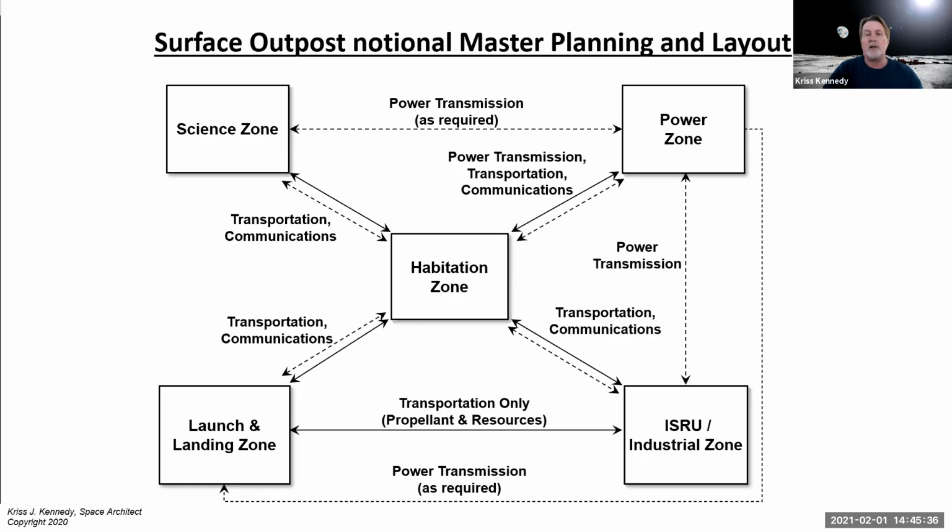But you also want the launch and landing zone at either north or south of the habitation zone if you're flying east to west, which is typically the trajectory from the subject matter experts at NASA that I've talked to. And so you do not want to be flying over the habitation zone or taking off over the habitation zone. So you'd want the launch and landing either north or south of the habitation zone.